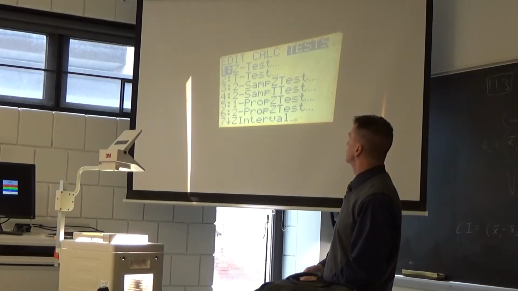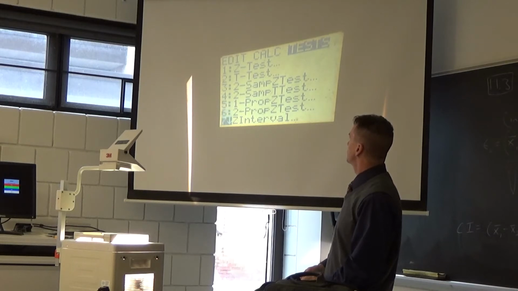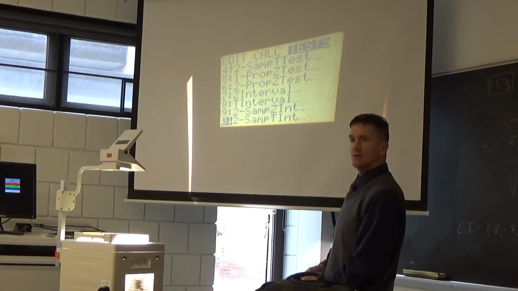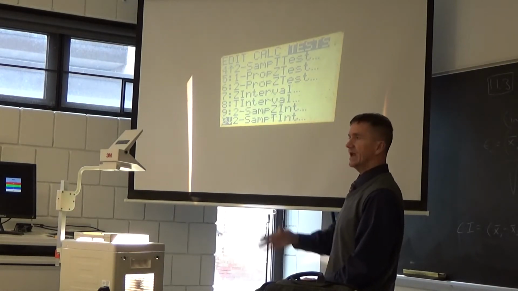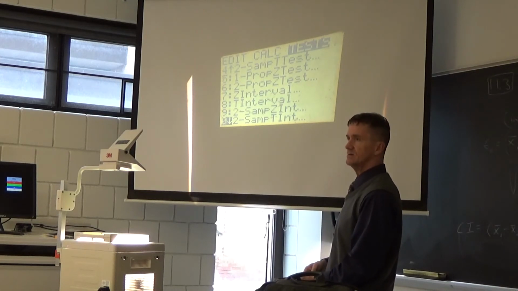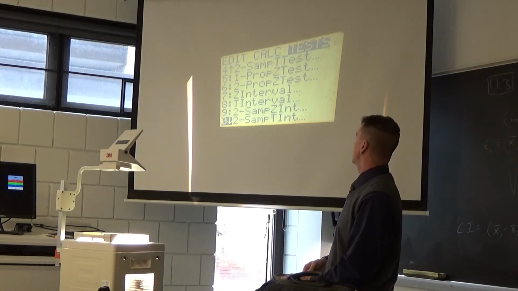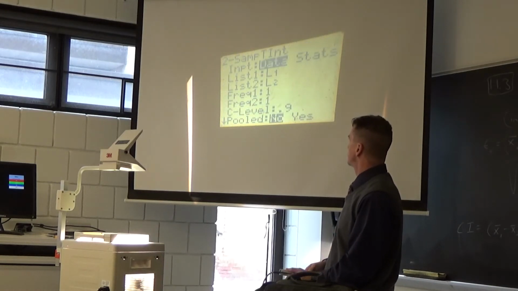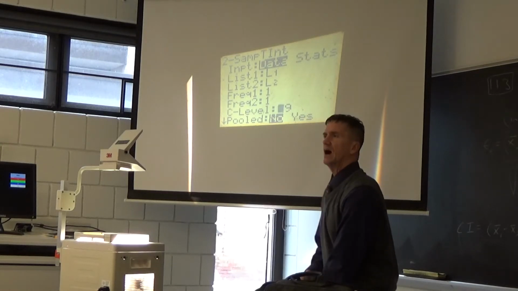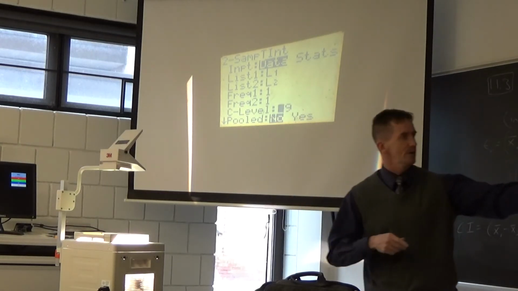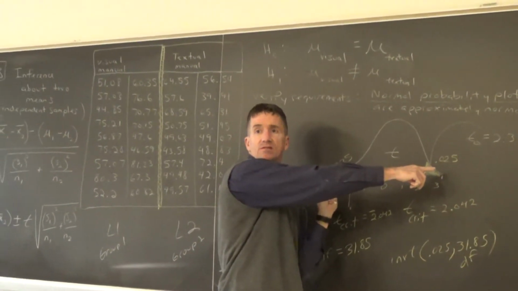Guess what I'm looking for? A 2-sample t-interval. And the calculator will keep all those same numbers there, so it'll be really easy to do this. I go to 2-sample t, same stuff, it's from the data. What confidence level should I put, because of the level of significance here with 2.5% in each tail?